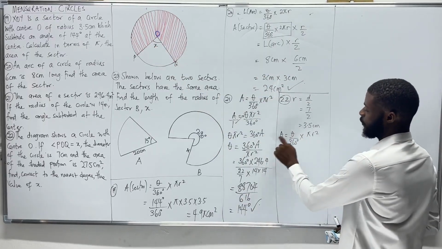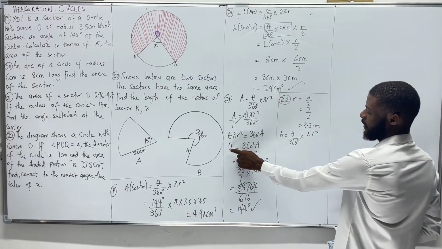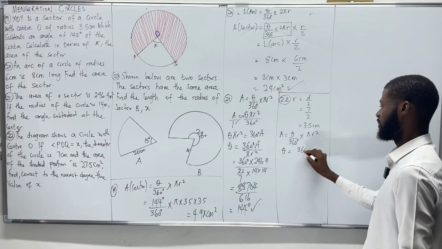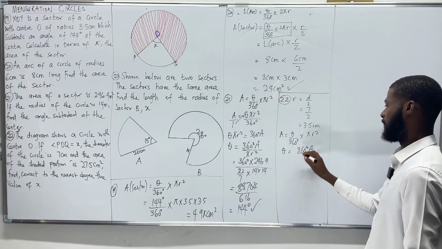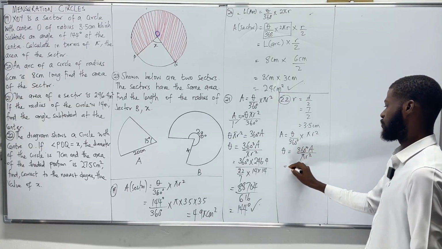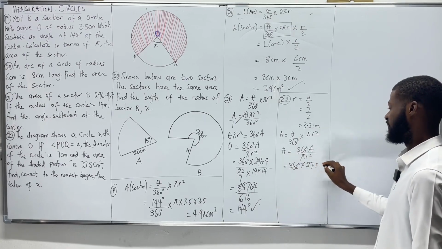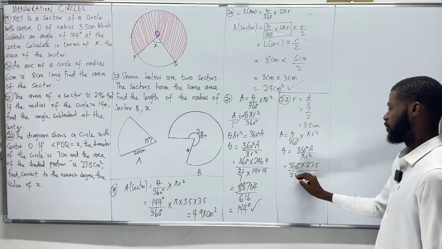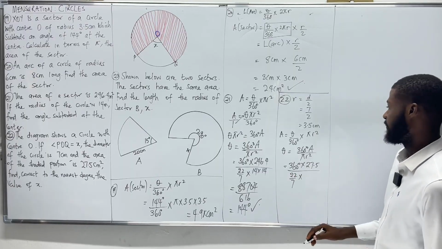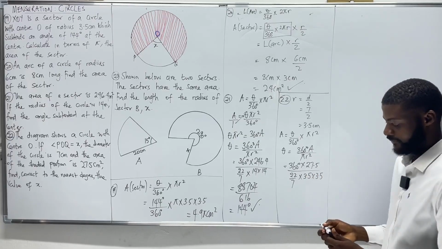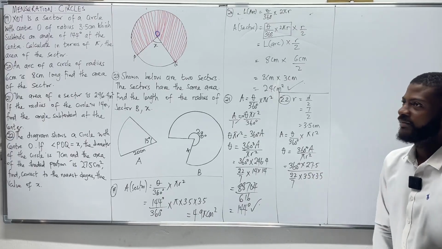Remember that previously we've made theta the subject of the formula. So let's write that formula. Theta is 360 degrees A divided by pi r squared. So this will be 360 degrees times 27.5 divided by 22 over 7 times 3.5 times 3.5. Okay, so that's all we have.